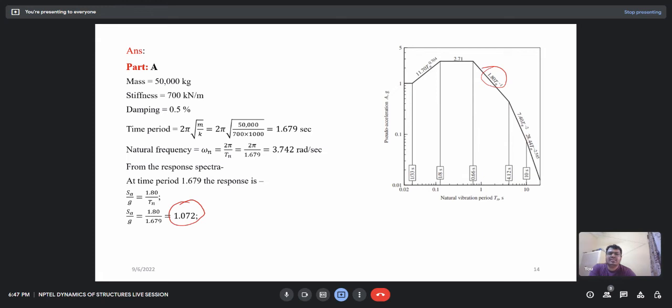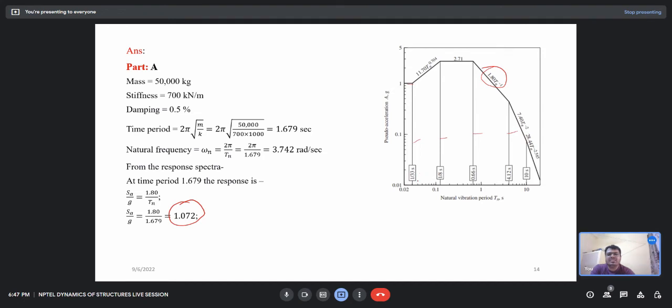You are asking how to extract this value from this graph. Forget about these lines first. Up to a time period of 1 divided by 33 seconds, my value remains 1 for Sa by g.